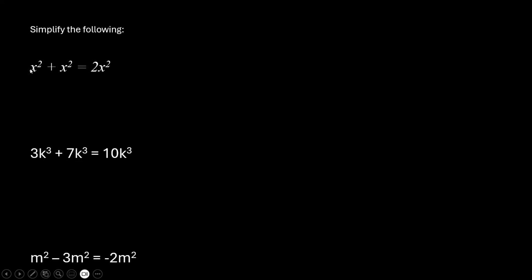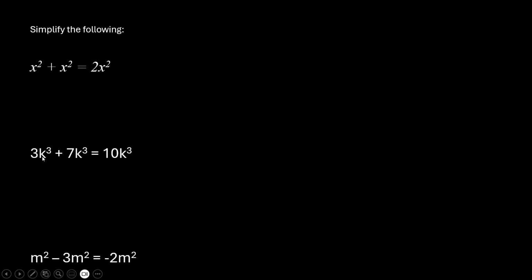Think about x squared as a variable, x squared as a variable again. You will get 2x squared. You just add. This x squared is like 1x squared. The 1 is understood in front of the x squared, right?